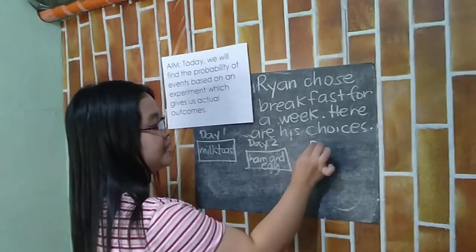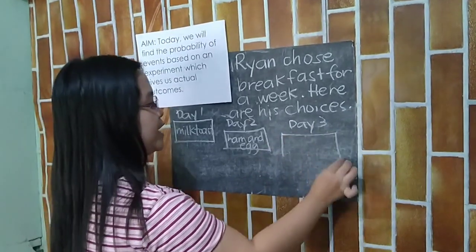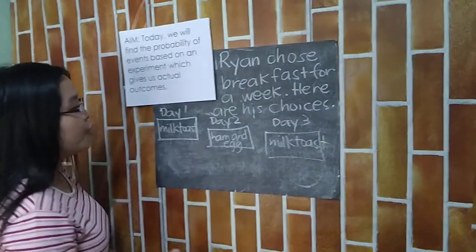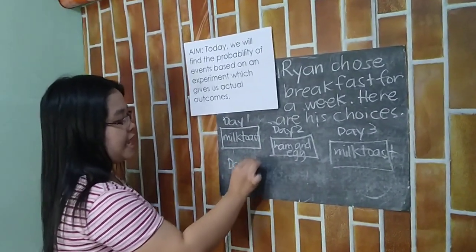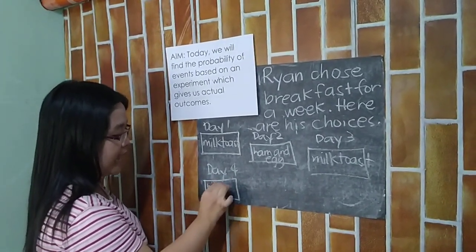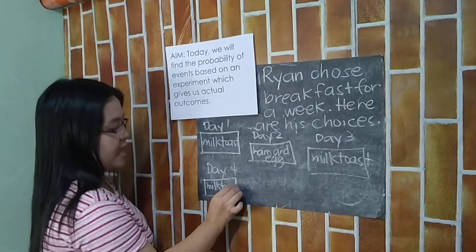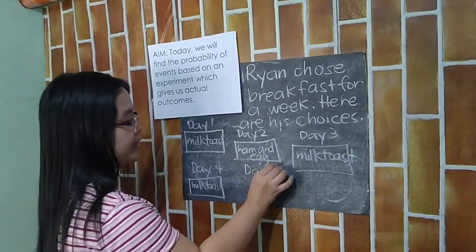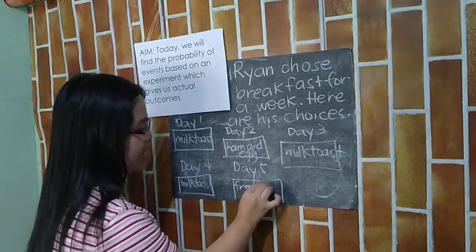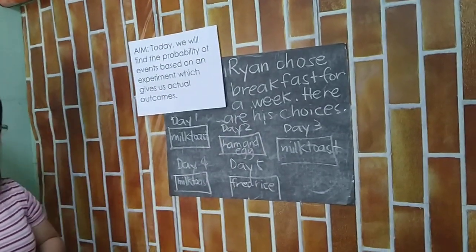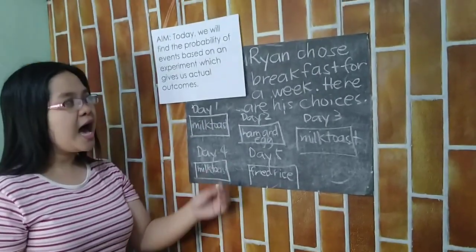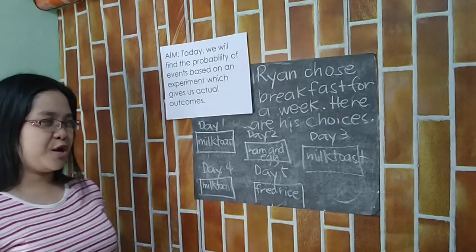For day 3, he picked milk toast again. For day 4, he picked milk toast for the 3rd time. And for day 5, he picked fried rice.